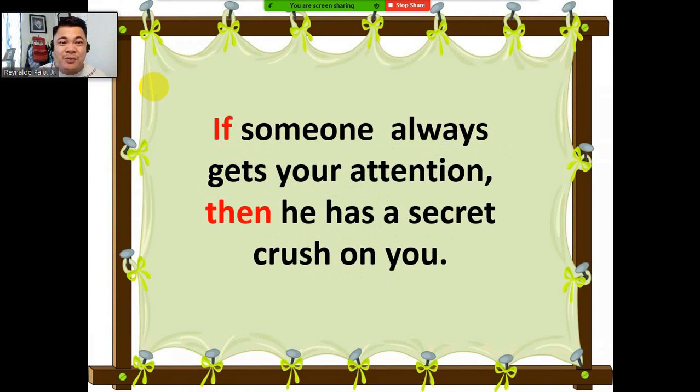You might be misunderstanding that the person's attitude is like that. So to get the attention of everyone, do not assume that he or she has a crush on you. At the end, he might break your heart, or she might break your heart. So if you will crush him or her back, okay, do not assume.